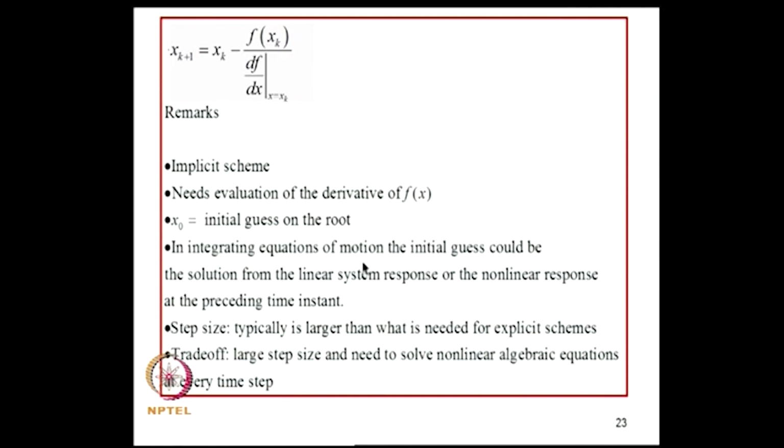In integrating equations of motion, the initial guess could be the solution from the linear system response, or the nonlinear response at the preceding time instant, or some other reasonable approximation. Step size for implicit schemes is typically larger than what is needed for explicit schemes. The trade off is large step size and the need to solve nonlinear algebraic equations at every time step when we are talking about implicit schemes.